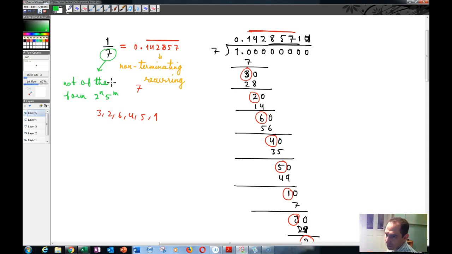So then what that means is that based on the theorem that we had over here, that if you had some rational number p by q where the prime factorization of q was of this form, then the decimal expansion of this number would be terminating.